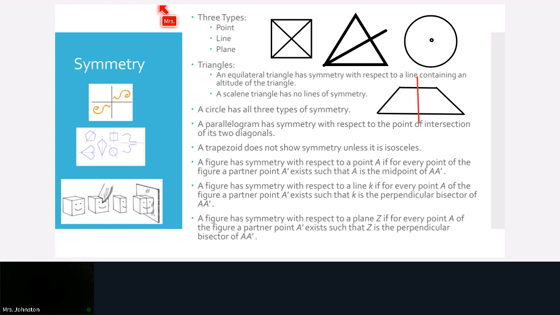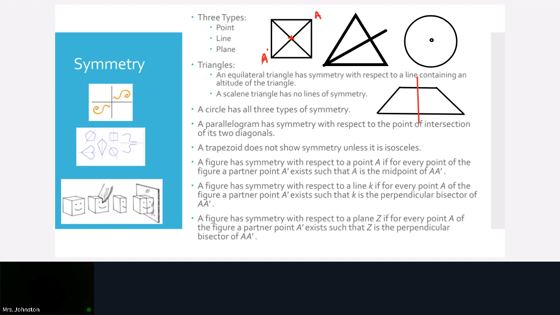So just think about that. If this was your point A, and this was your point A prime, once rotated 180 degrees, the point around which it was symmetrical is the midpoint between A and A prime.